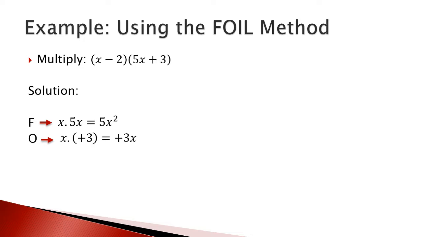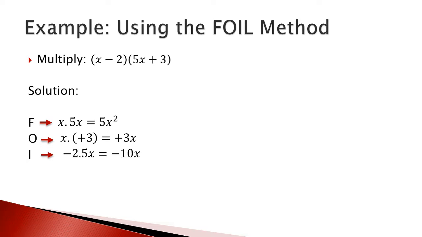And secondly, we have to multiply the first term in the first equation by the second term in the second equation. So for that we have to multiply x by positive 3, so it will give positive 3x.